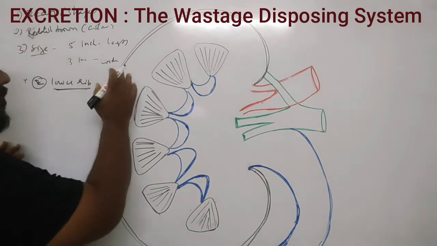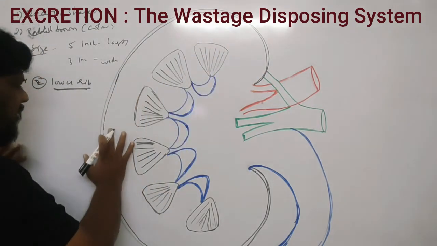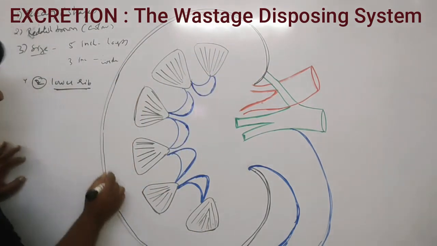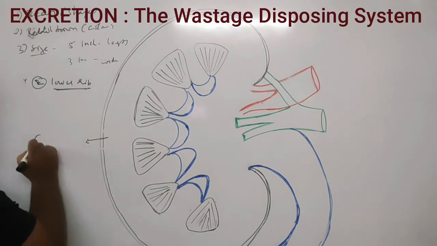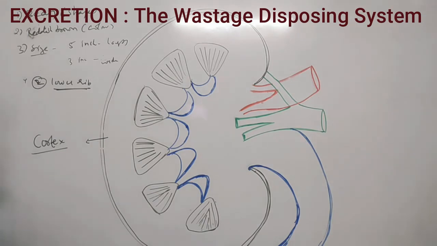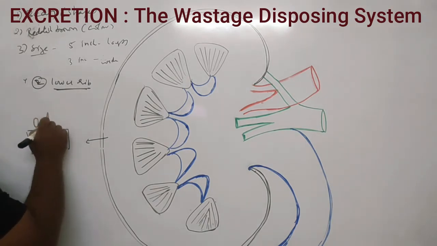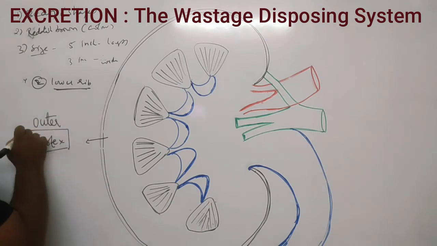Now you can see this outer part, which I'm showing you now. This is called the cortex. You always call it the outer cortex, so remember the word outer.